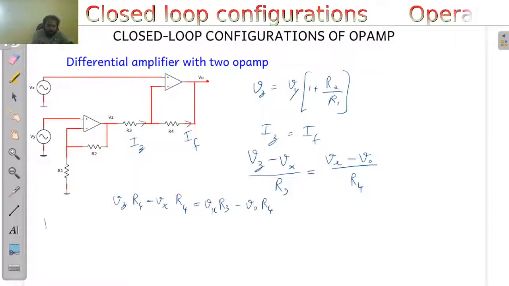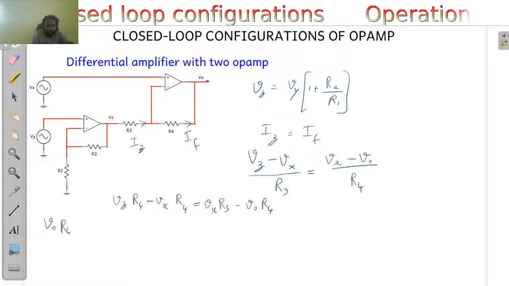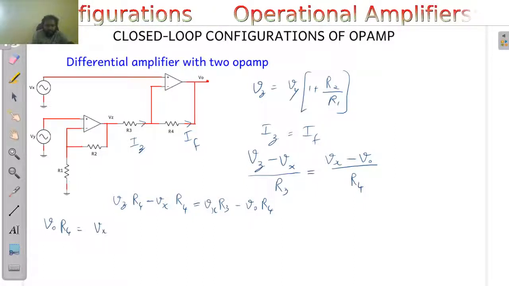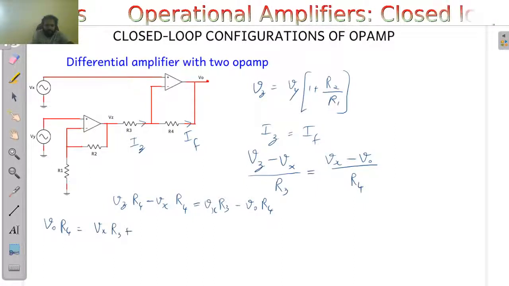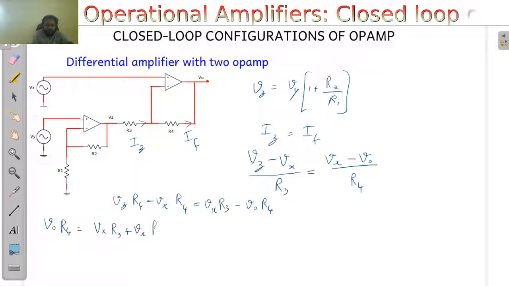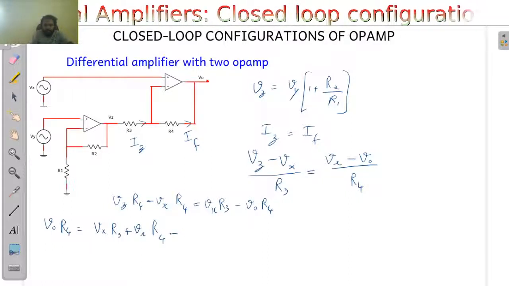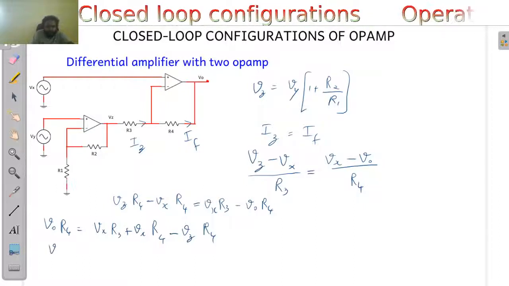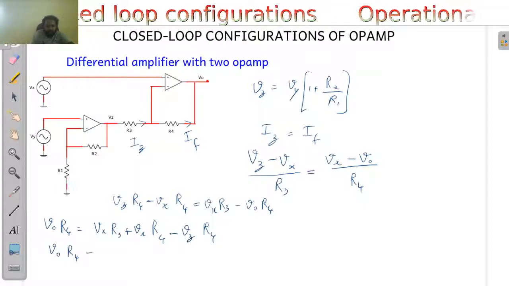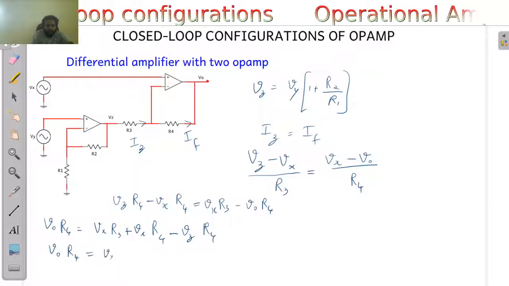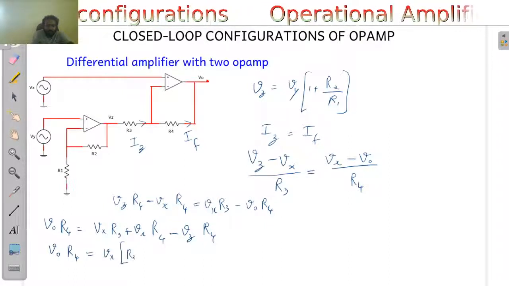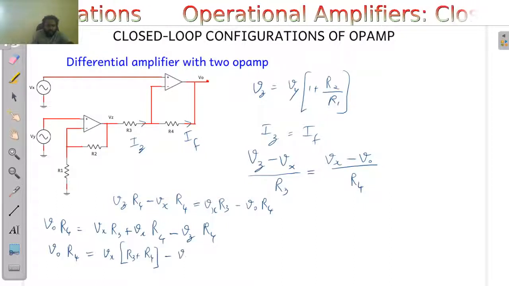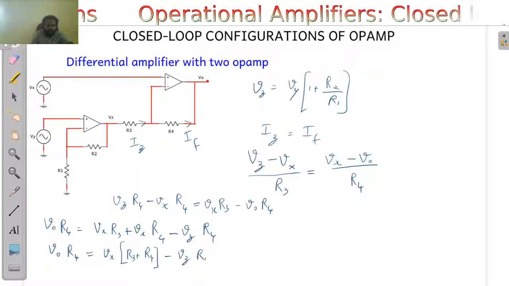That gives Vo R4 equal to Vx R3 plus Vx R4 minus Vz R4. Taking out Vx, Vo R4 equals Vx times R3 plus R4 minus Vz R4.